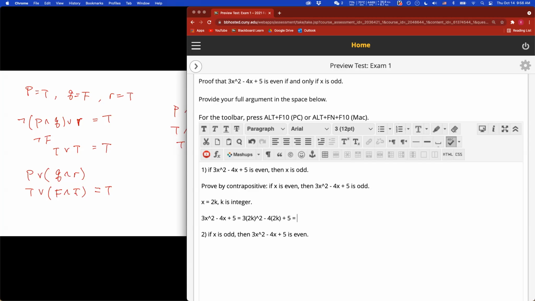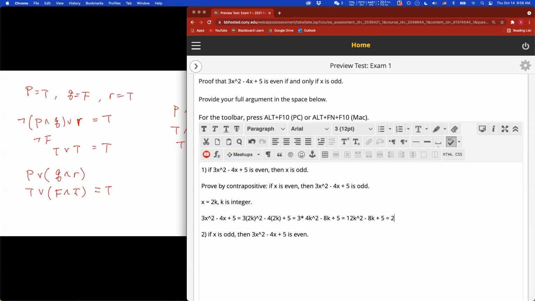That gives you 3 times 4k squared minus 8k plus 5, and 3 times 4k squared gives 12k squared minus 8k plus 5.